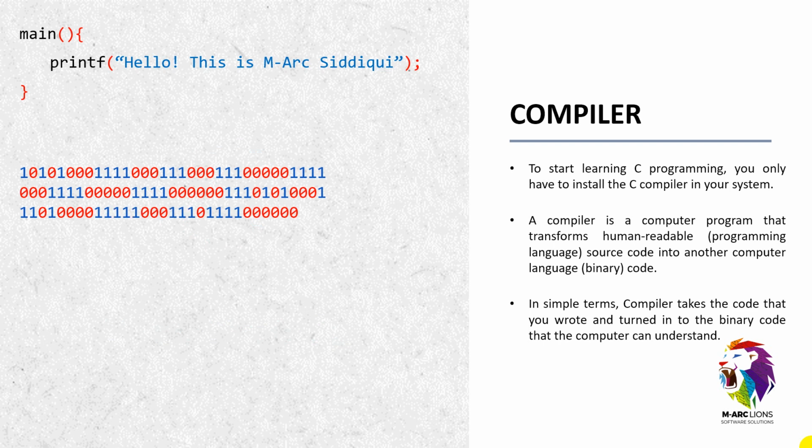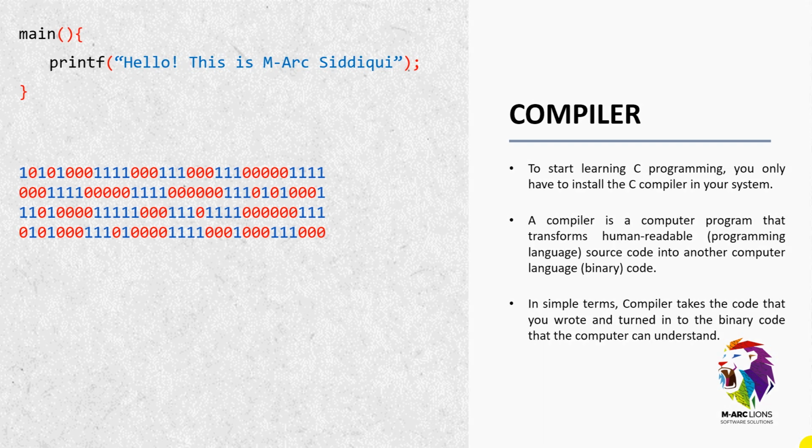As the code is converted into binary, the machine understands these binaries, runs the code and shows us the result of whatever we are writing.